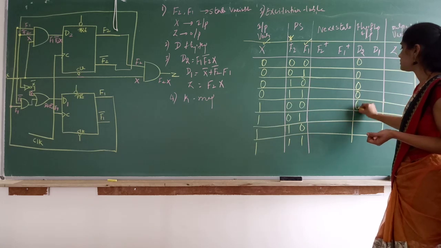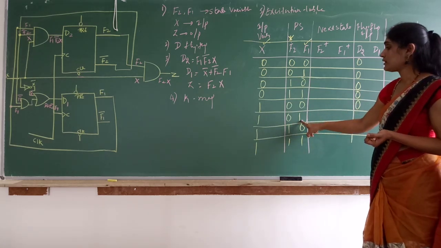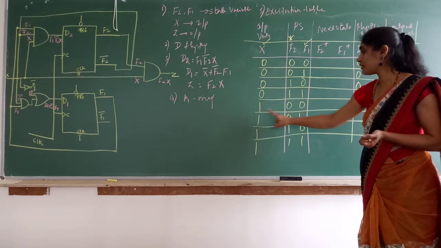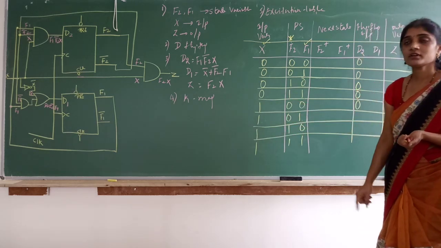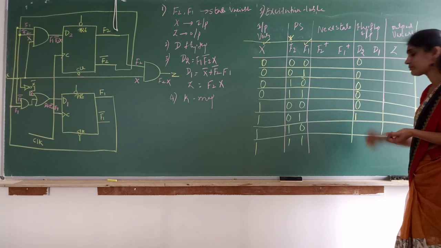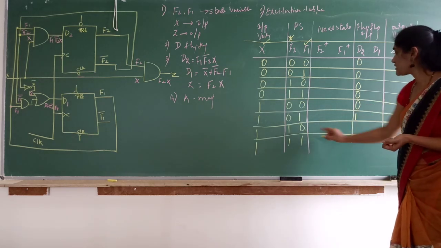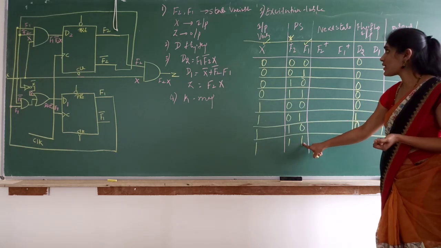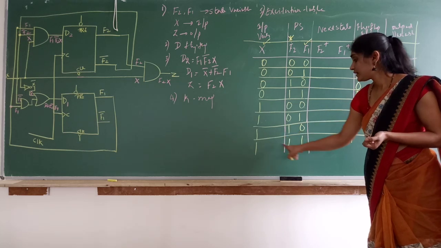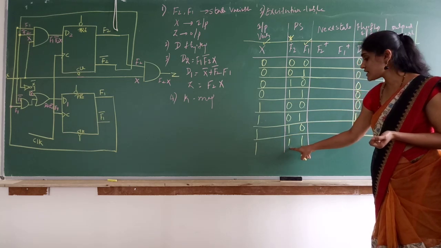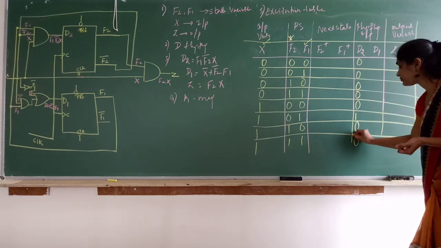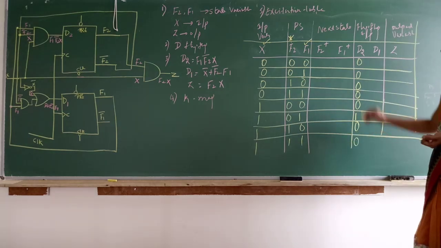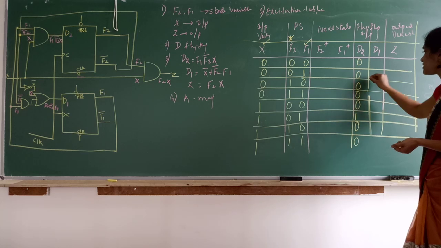F1 is 0, so this will be 0. F1 is 1, X is also 1, and F2 bar is 1. So 1, 1, 1, and the output of D2 is 1. Next, F2 is 1 so F2 bar is 0. So 1, 1, 0, and the output of the AND gate is 0. So this is D2.